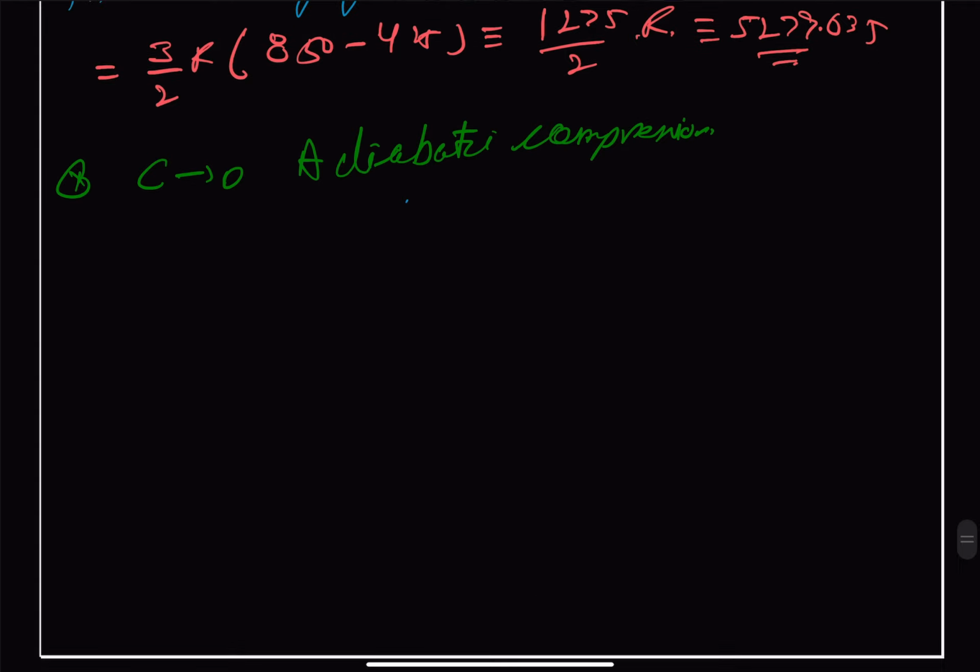Now we come to A to B, that is our adiabatic compression. So we can write that PA to the power gamma minus 1 multiplied by TA to the power minus gamma is equal to PB to the power gamma minus 1 and TB to the power minus gamma.